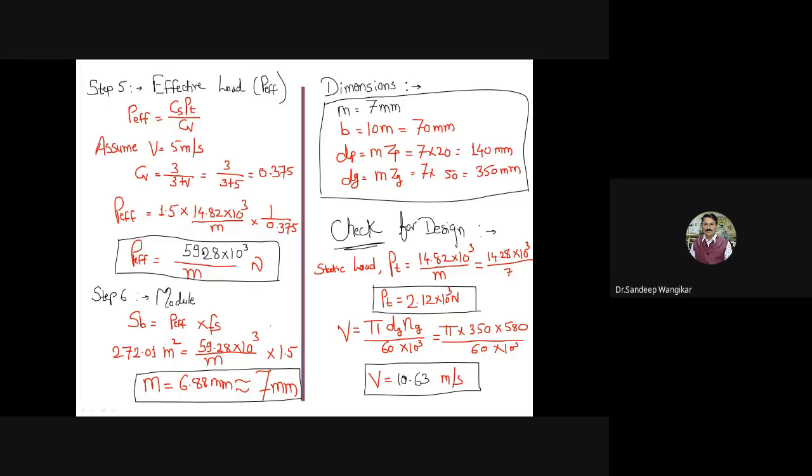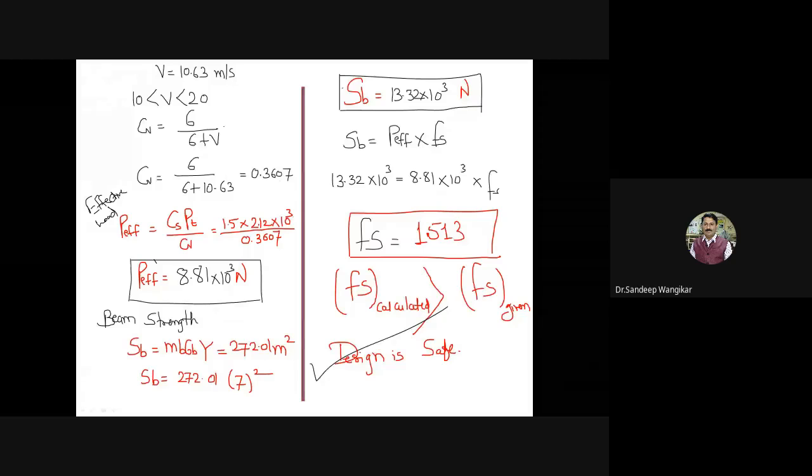We have assumed velocity as 5, used the CV formula 3 upon 3 plus V, and calculated, but in the actual case velocity is 10.63. The CV formula is also changing, and accordingly all values are changing. Therefore, we have checked whether our factor of safety calculated is equal to or greater than the factor of safety given. Then and only then can we say that our design is safe. Otherwise, we have to consider the next level of module from the standard choice series, and proceed for the calculation.